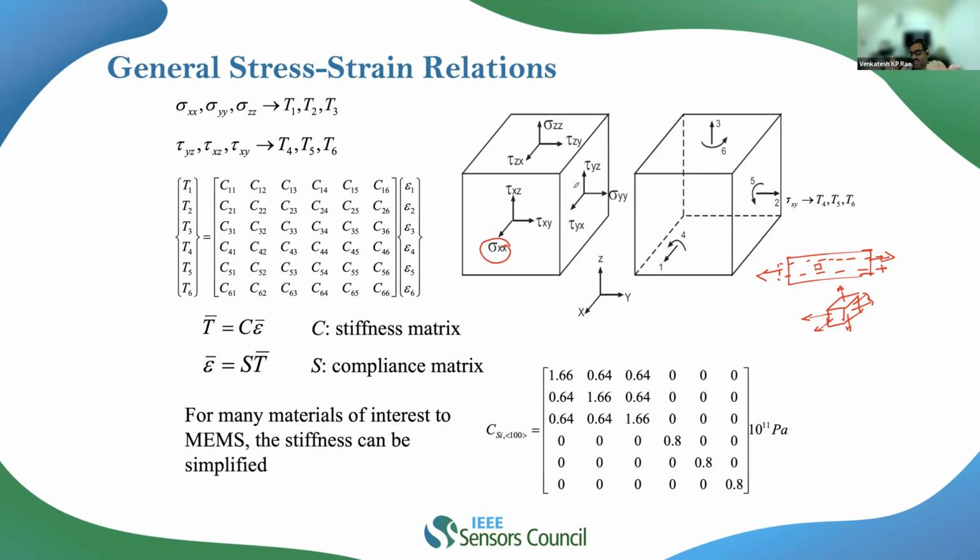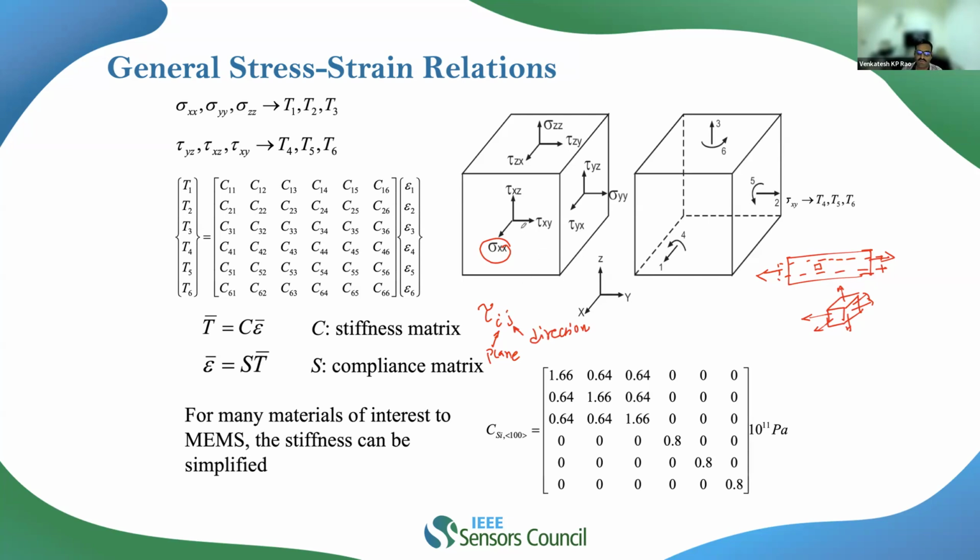And it is not just that it is getting the normal stresses, it is also subjected to shear stresses, right? The shear stresses are represented by tau ij, where i is the plane and j is the direction. So the first index corresponds to the plane and the second corresponds to the direction.